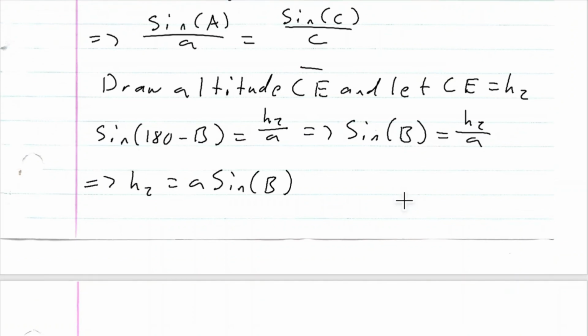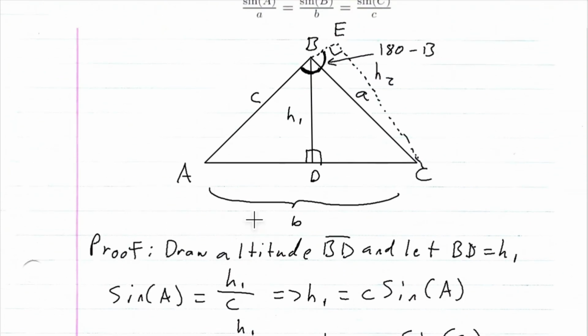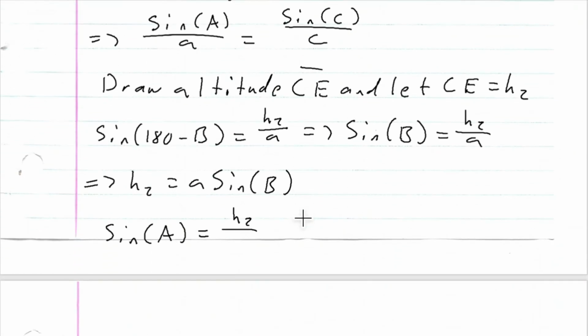So sine of A is equal to h2 over b. And multiplying both sides of this equation by b, we get h2 is equal to b sine of A.